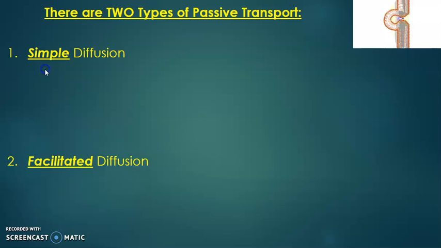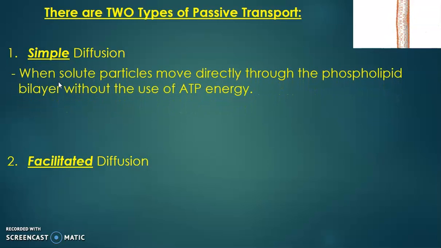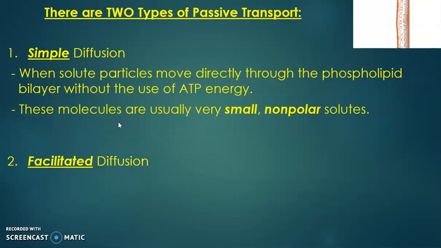Simple is simple. It's going to be when the solute moves directly through the phospholipid bilayer without the use of energy. So they can squeeze their way through, whatever these solutes are, directly through the phospholipids. Generally, these are going to be very small molecules, only a couple atoms, but in particular, they will be nonpolar. Remember, nonpolar is when electrons are shared equally, no charges whatsoever.